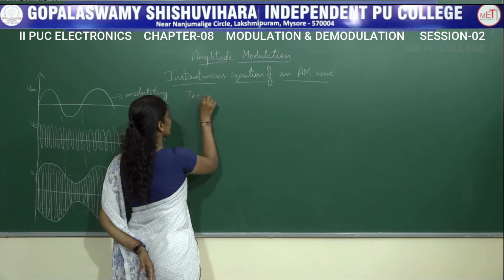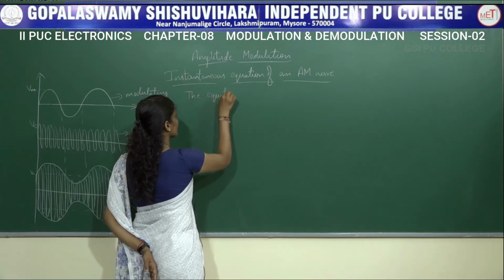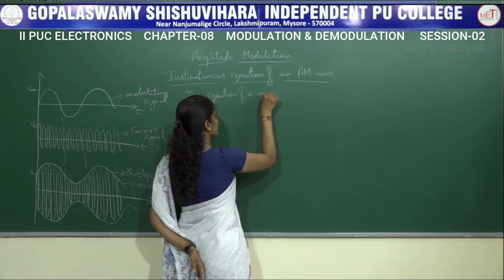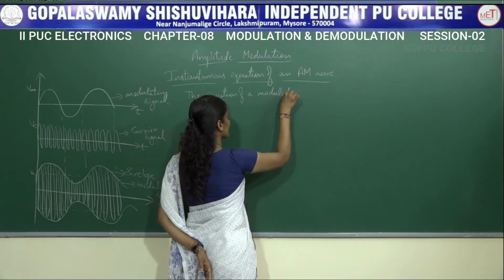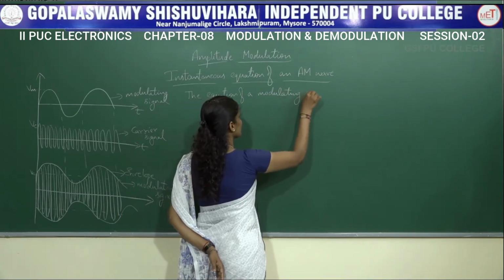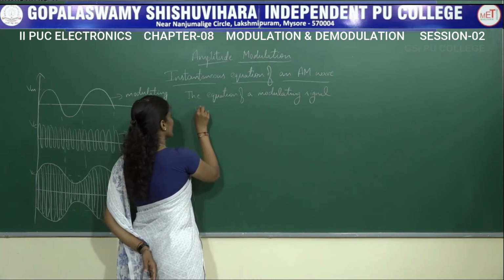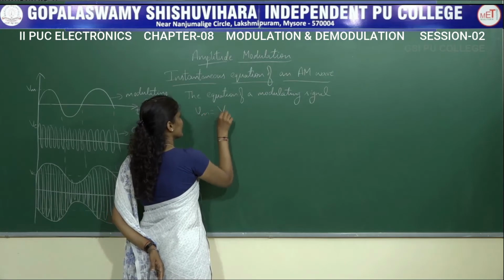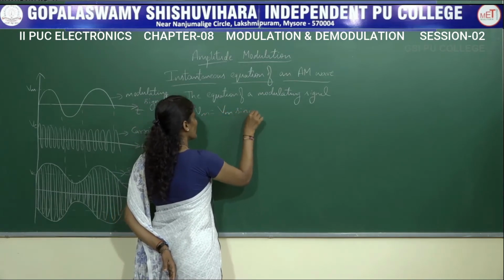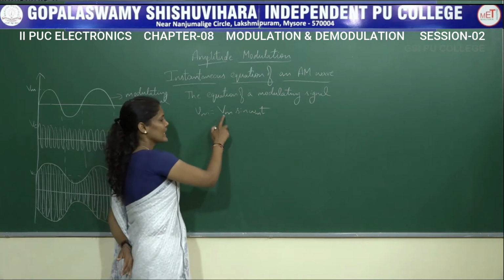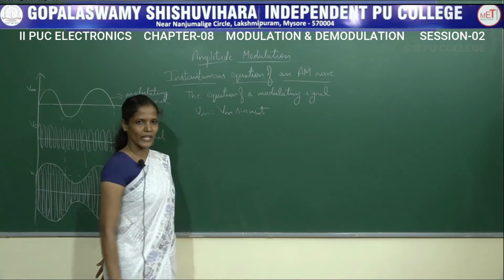The instantaneous equation of a modulating signal is given by small v m equals capital Vm sin omega m t.